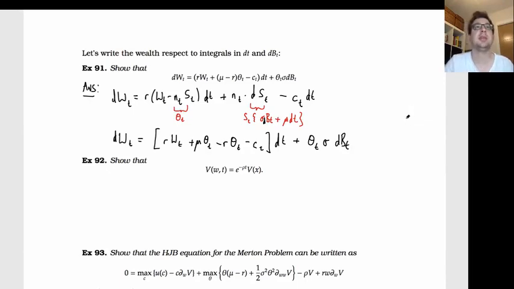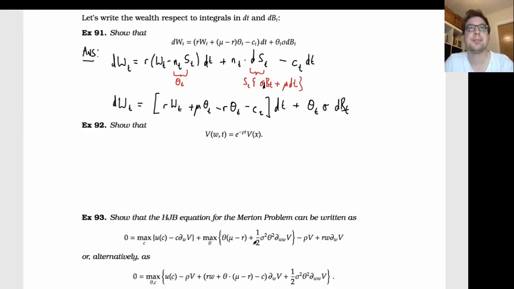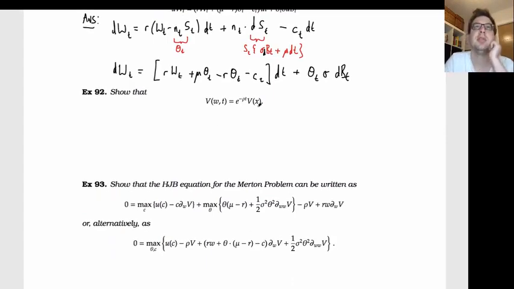Right, so the next part, we're going to look into the structure of the solution. If we look at the optimal value function for our wealth at time t, then it's equal to the optimal value function at time 0 times e to the minus rho t. So essentially we can always work with v of x rather than v of w of t.